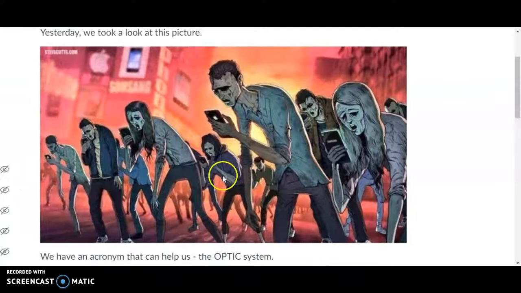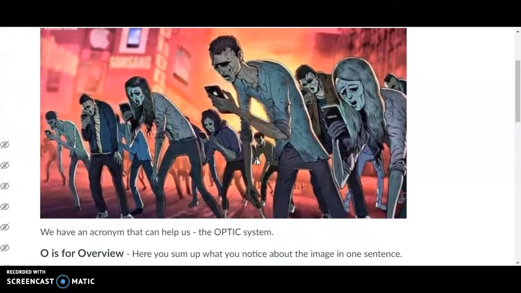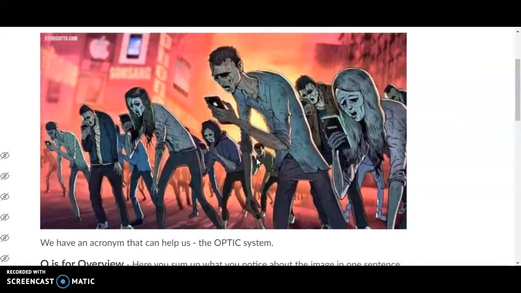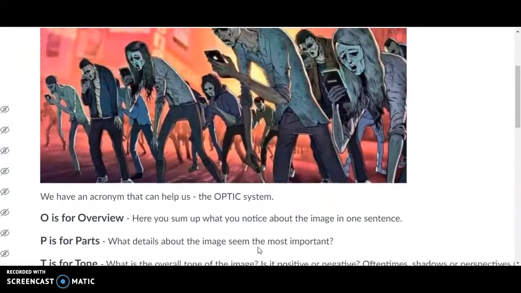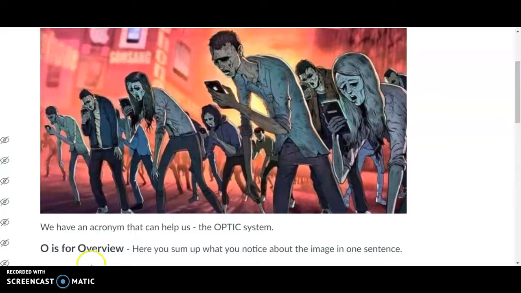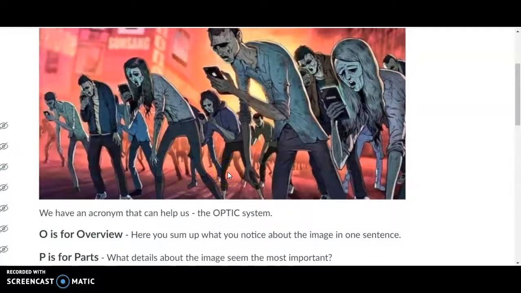Yesterday, you took a look at this picture, and today we're going to use OPTIC, O-P-T-I-C. Here's what it means. O is overview. You sum up what you notice about the picture in one sentence.